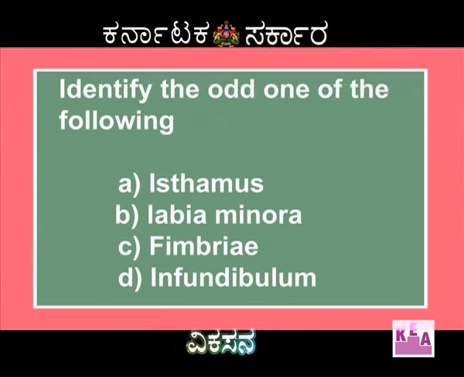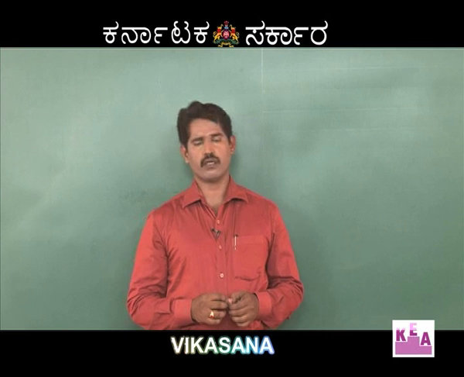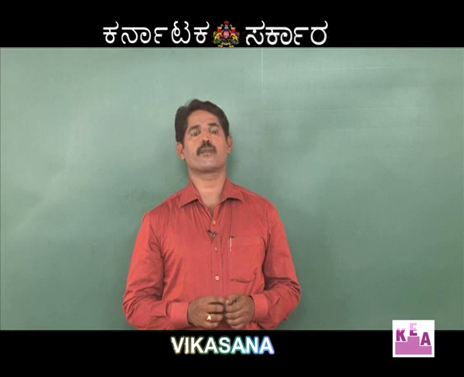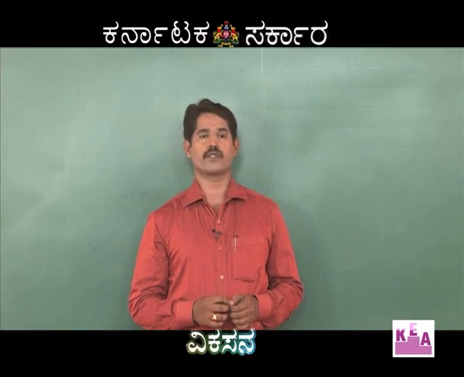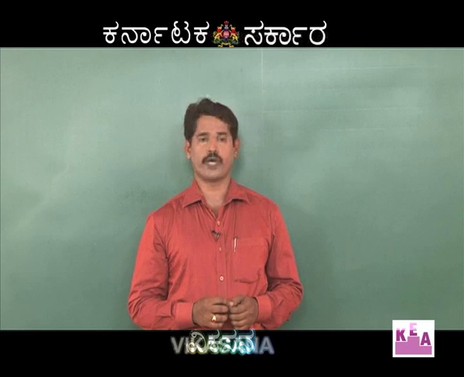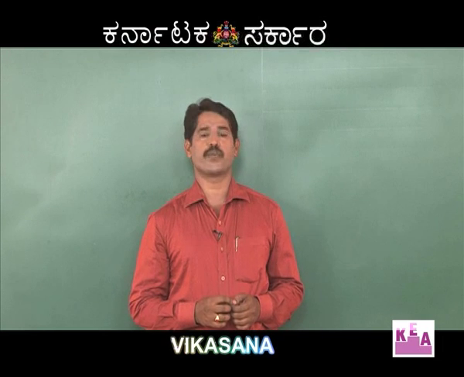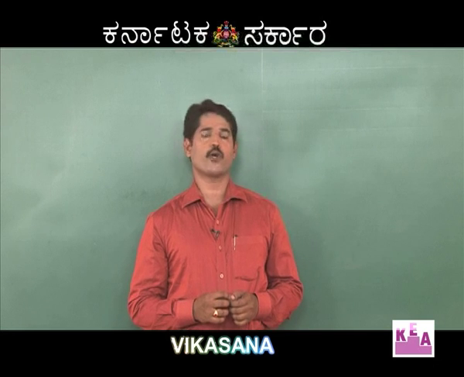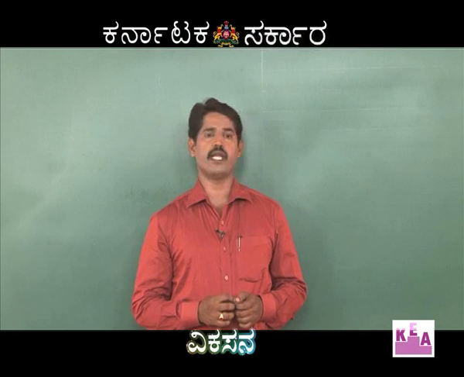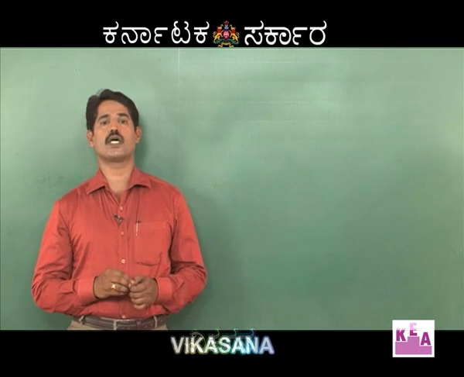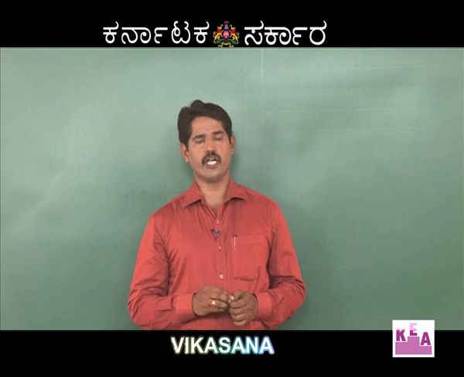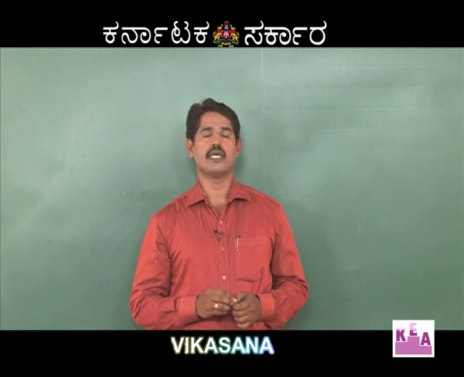Identify the odd one of the following. The options: isthmus, labia minora, fimbriae, infundibulum. If you look into the structure of the human female reproductive system, it consists mainly of a pair of ovaries. Along with this, it consists of oviducts, also called the fallopian tube. The fallopian tube consists of fimbriae, which are finger-like projections projected towards the ovary, followed by the infundibulum, then the ampulla and the isthmus.